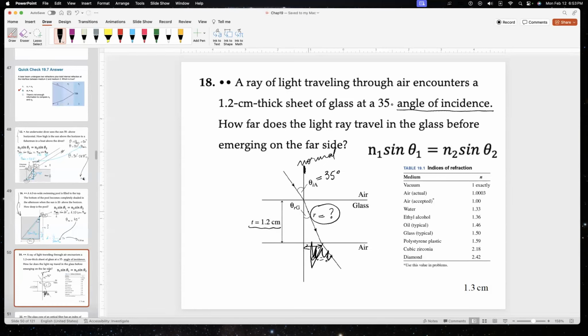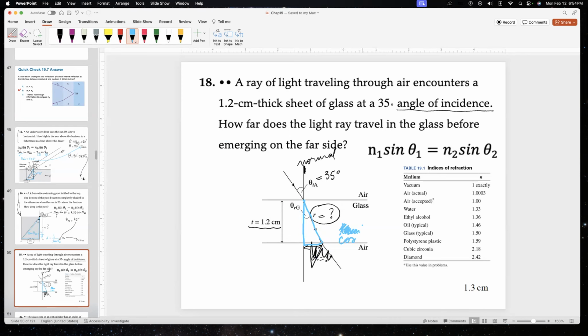All right, so to find R, we are again going to build this little triangle over here. At the end of the day, we want R. So we build this little triangle here, and we say that tangent, no, this time we don't want tangent. We want cosine, right?